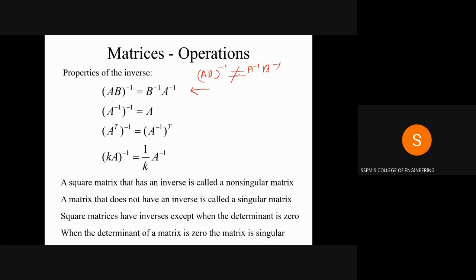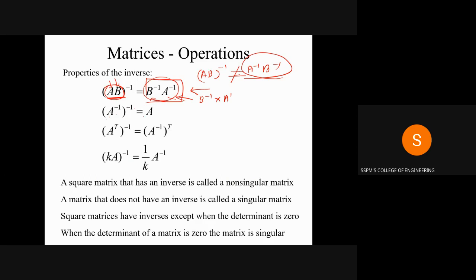If two matrices are given and you want to find the inverse of their product, you can find the inverse of each matrix separately and then multiply them in this manner: B inverse into A inverse, not A inverse B inverse. This is false. So if you have to find the inverse of a product, you have to follow this method. So what is A inverse?